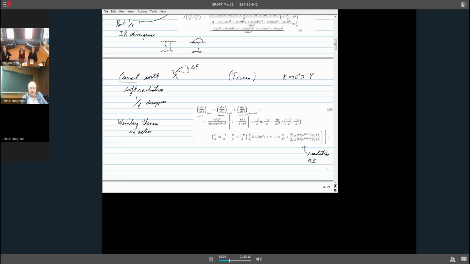And if you go off and look at decays into charged particles that are done with high precision, then you can actually see this effect. An example that I know well is K goes to pi plus pi minus gamma.